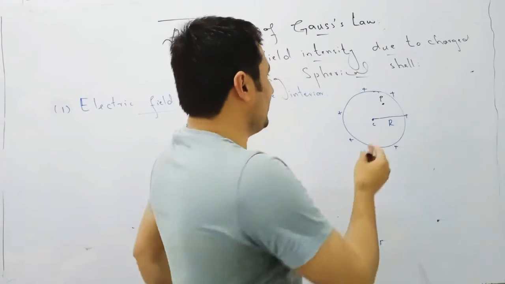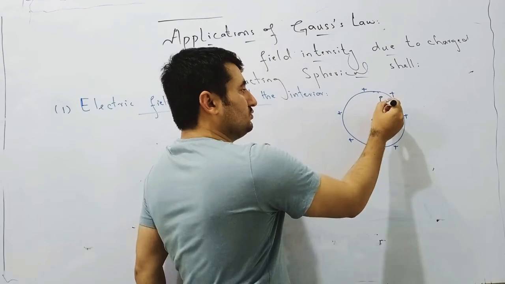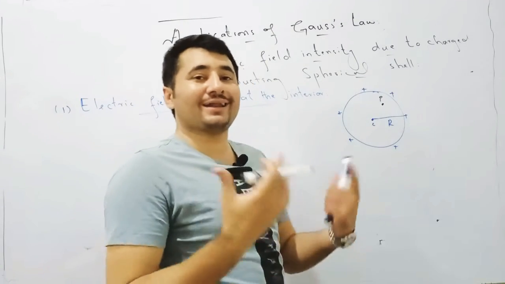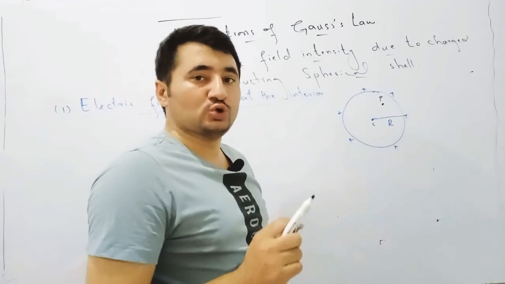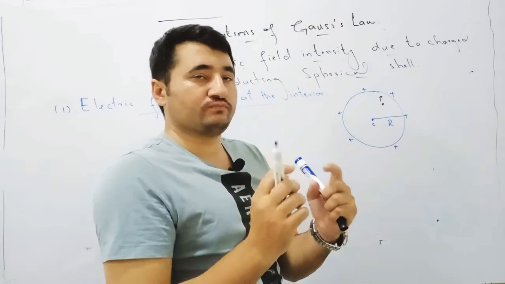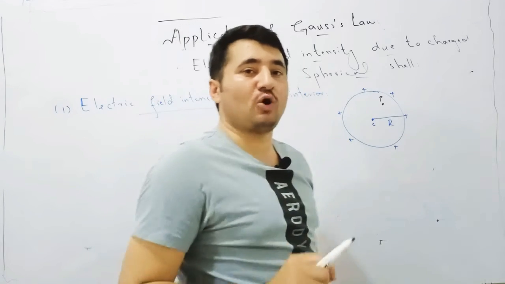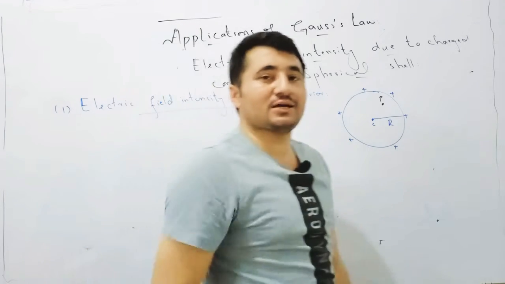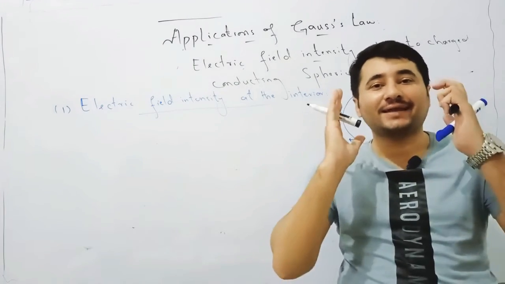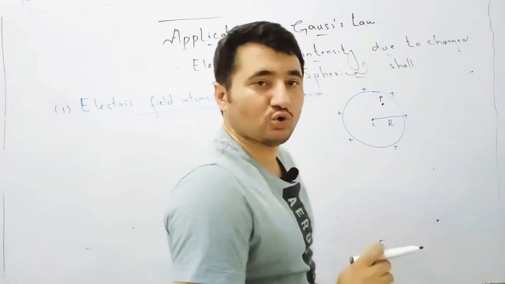Again, for example, we want to find the electric field intensity at this point P. How to calculate? What we will do is take a Gaussian surface just to simplify this problem. I told you that a Gaussian surface is an imaginary closed surface.